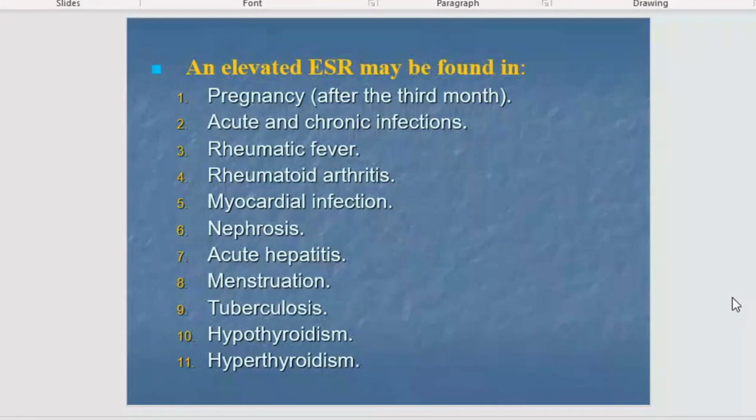Okay, and rheumatic fever, rheumatoid arthritis, myocardial infections, nephrosis, acute hepatitis, menstruation, tuberculosis, hyperthyroidism, hypothyroidism, and so on. So there are different conditions where we can see an elevated erythrocyte sedimentation rate.